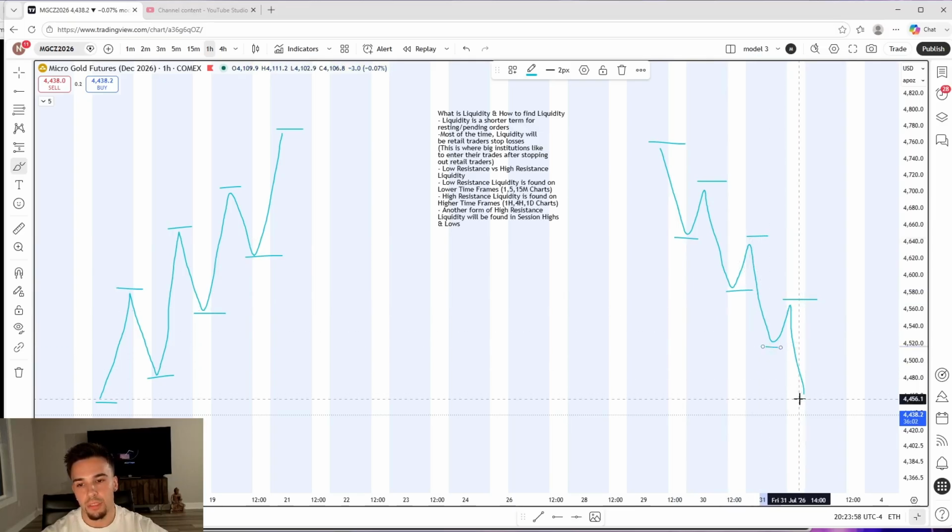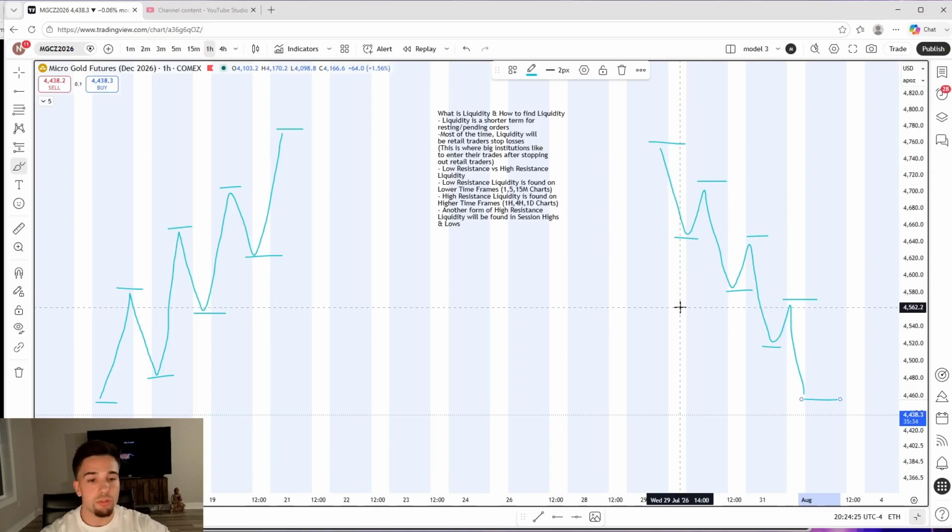As retail traders are hopping into trades, if they're going short, they're going to have their stop loss set at previous highs to protect their trade. When retail traders are hopping into buys, looking for reversals, they're putting their stop losses underneath these lows. What happens in a bullish market is the same thing that happens in a bearish market.